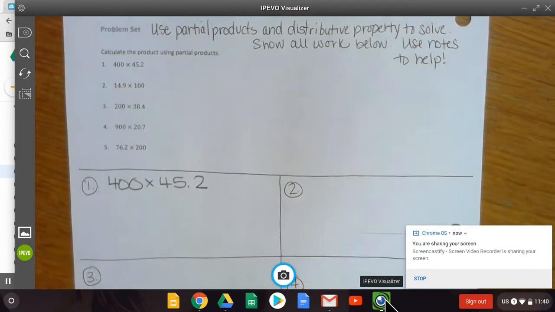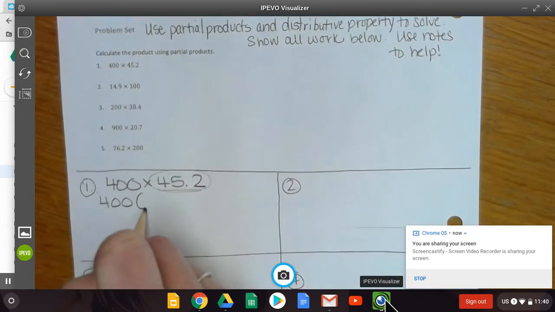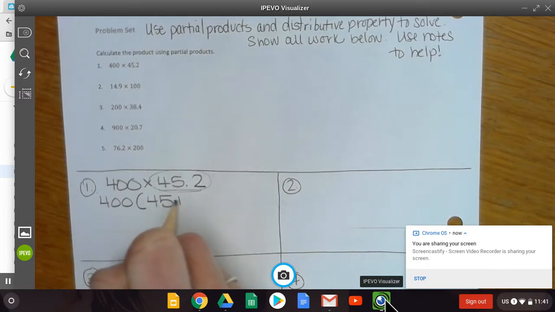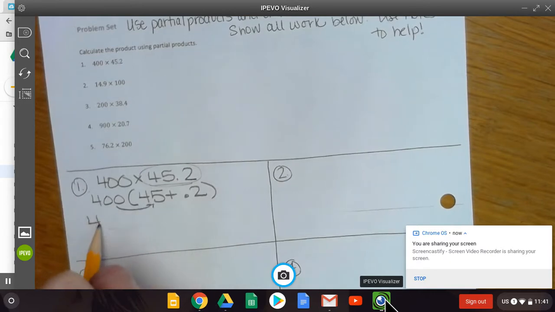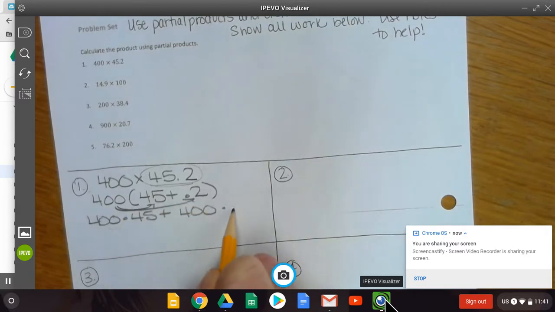So number 1, we're going to solve down here. Okay, so the first step, again, is to take this apart. So we're going to take 400, leave it alone, and break up this into 45 plus 0.2 tenths. Distribute, so 400 times 45 plus 400 times 0.2.